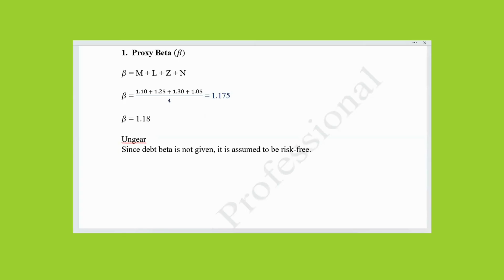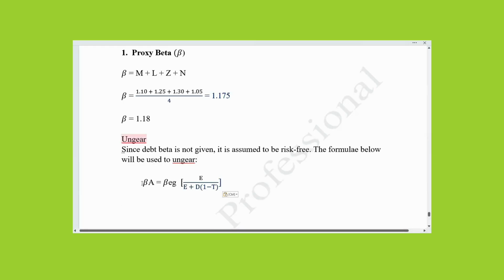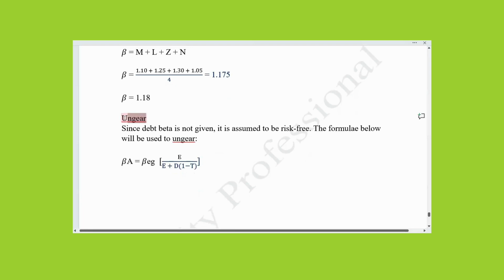Therefore, the formula below will be used to ungear. To ungear is simply beta assets equal to beta equity of a geared company multiplied by equity value over equity plus debt value, multiplied by 1 minus tax. That is the formula to ungear.